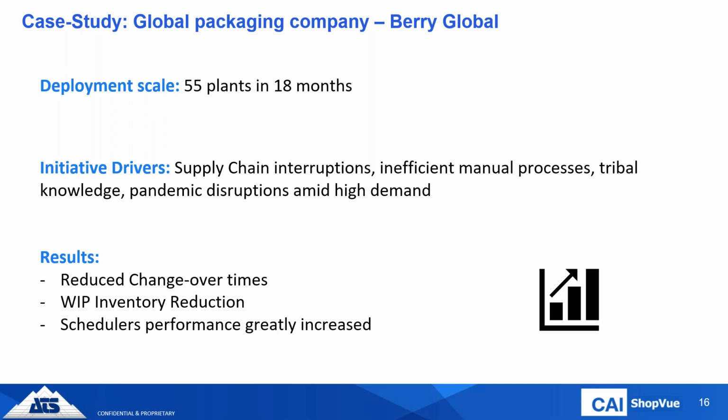So the challenge that they had then in 2020, they faced massive interruptions from COVID to the supply chain, to labor, and all the while this was going on, the demand for certain products just went through the roof and increased to peak levels.